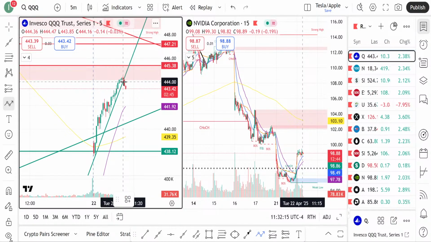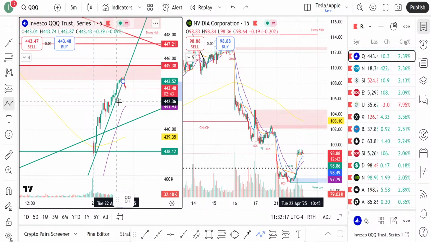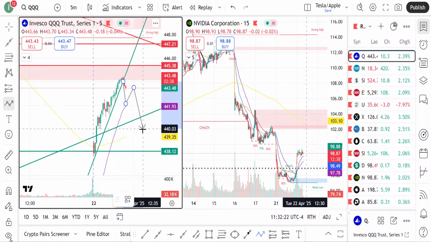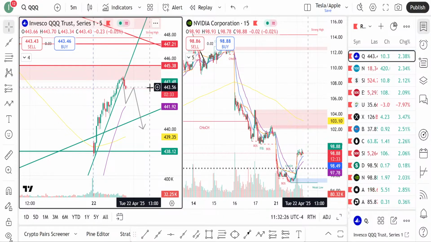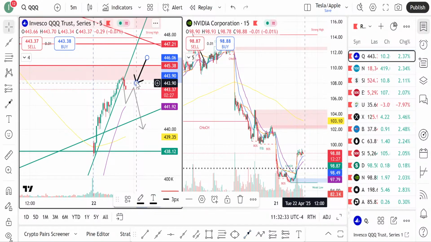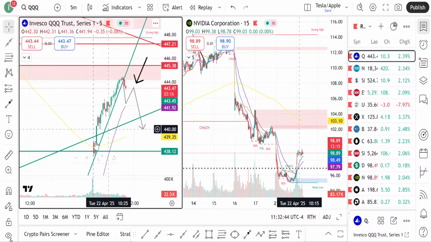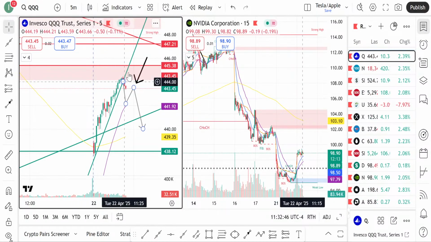If we come down, maybe bounce off the 21 and create a lower high or something like that. This is a pretty big momentum going up higher.